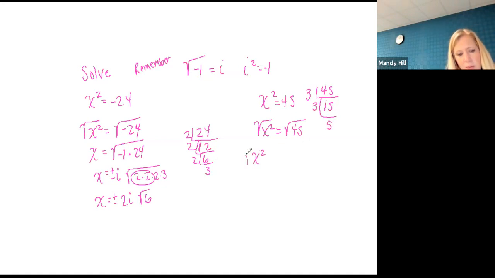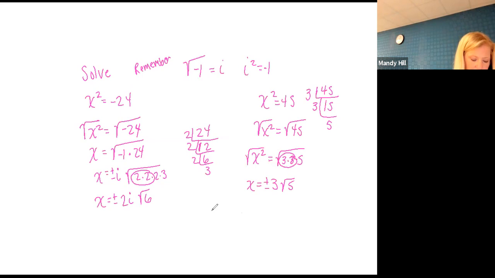So really, this ends up being 3 times 3 times 5. So we could pull out a 3. We'd leave the 5 underneath. And remember that it's always plus or minus when you're talking about square roots, because it could be the positive or the negative answer.